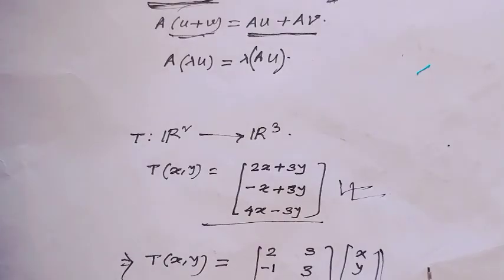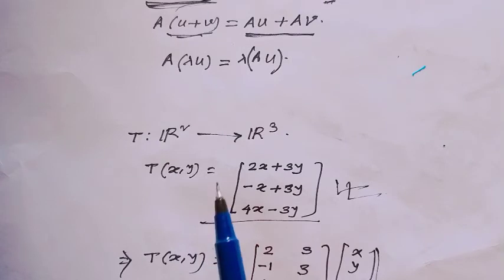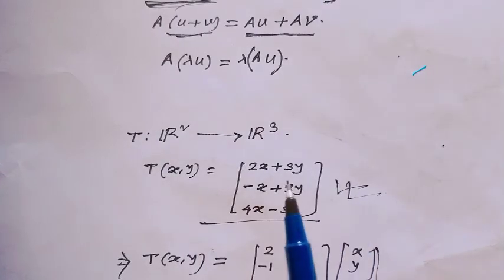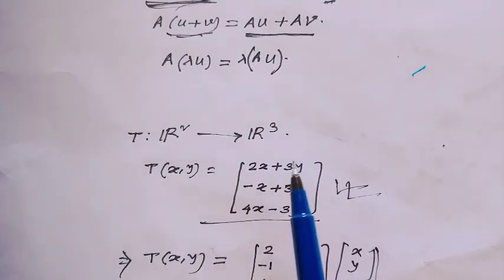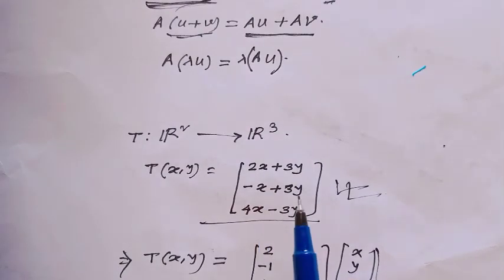Let's verify another example. Consider a mapping T from R2 to R3 such that T of (x, y) equal to (2x plus 3y, minus x plus 3y, 4x minus 3y).